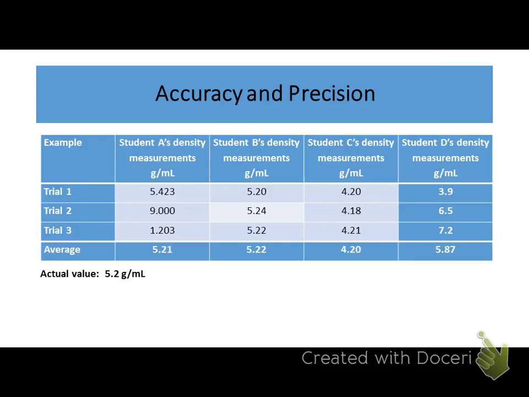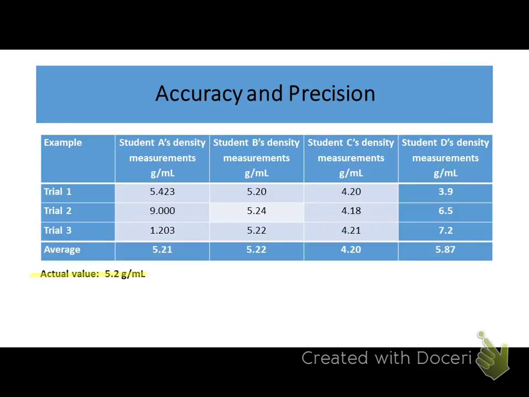Now, from what we can learn from this, the actual density value for the object they were measuring looks like it's 5.2 grams per milliliter out to 2 significant digits. Okay?